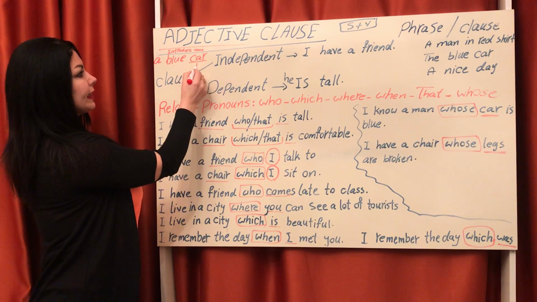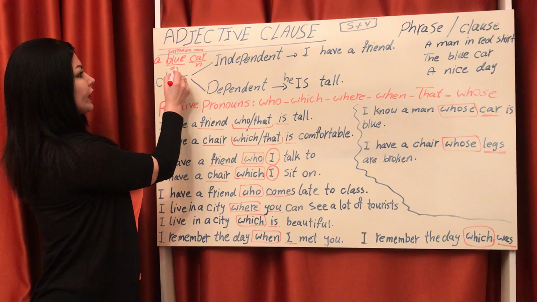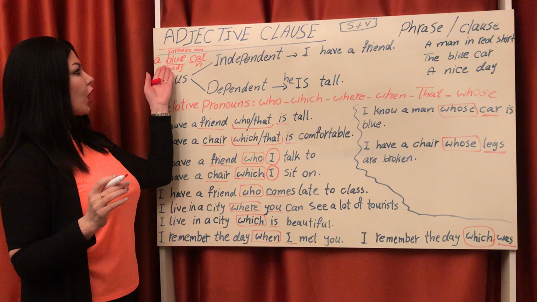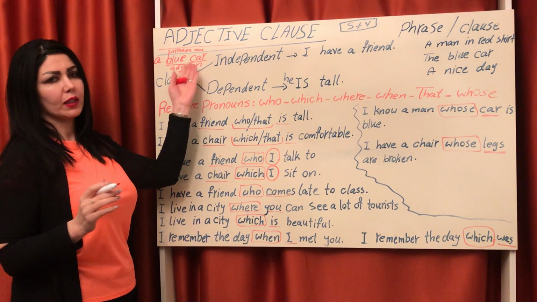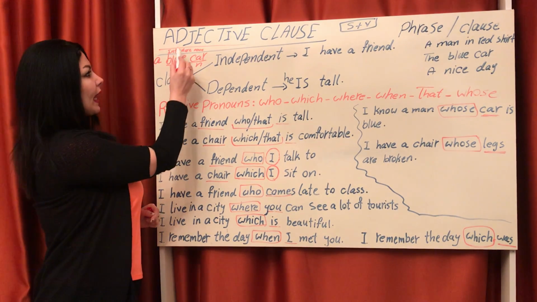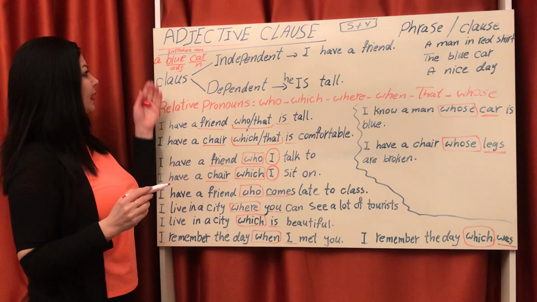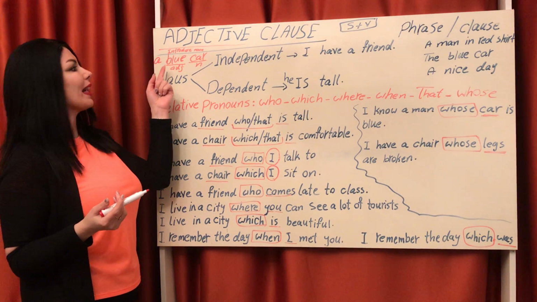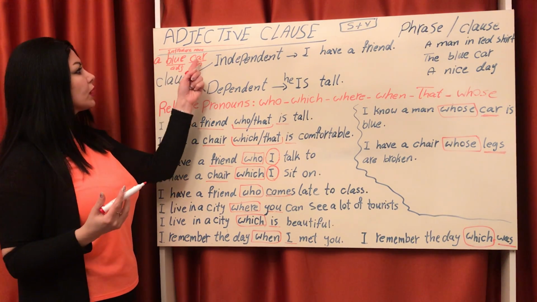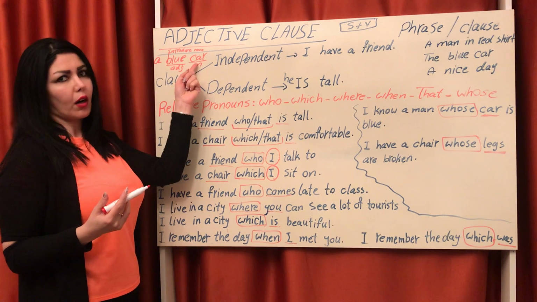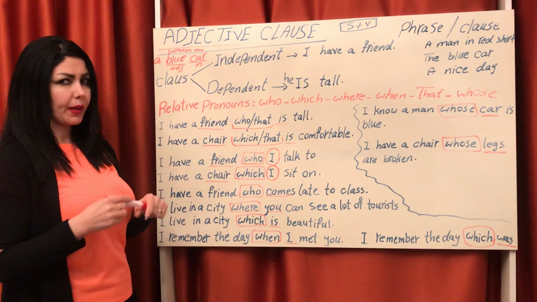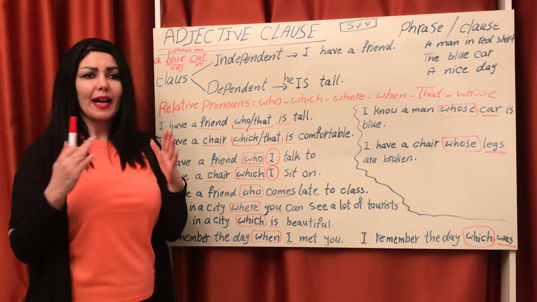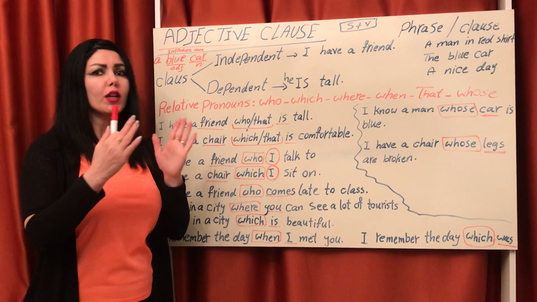This is the noun, this is the adjective. First we have the adjective, after that the noun. It means the adjective introduces the car. Blue car, or for example, beautiful flower, big home. The adjective comes before the noun.